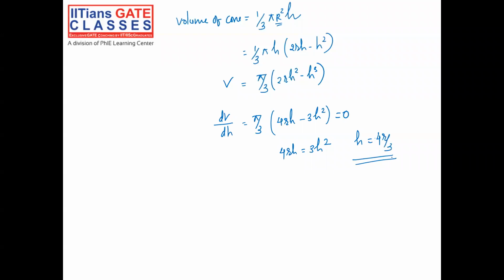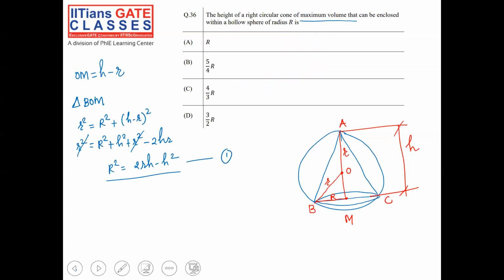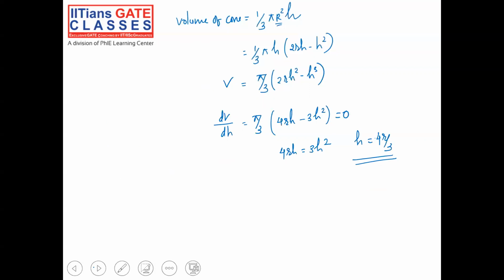So at h equal to 4r by 3, either we'll have some maxima or some minima. This is also one of the options, but just before concluding, we should check whether we are actually getting minima or maxima here.